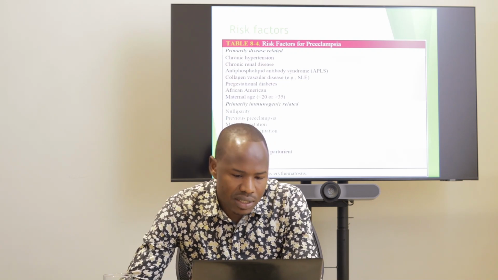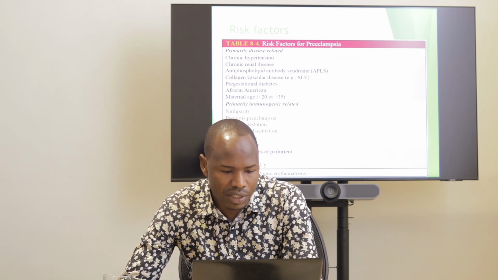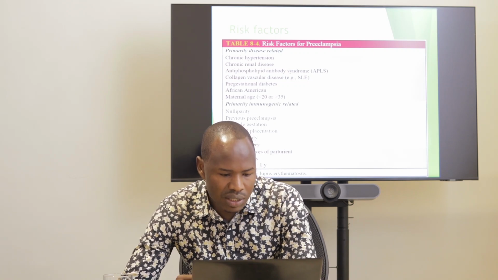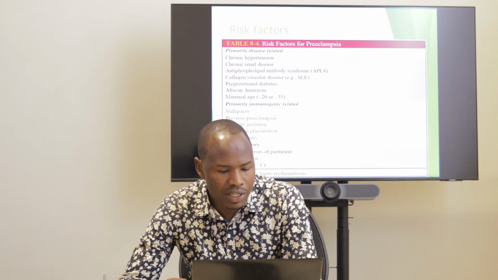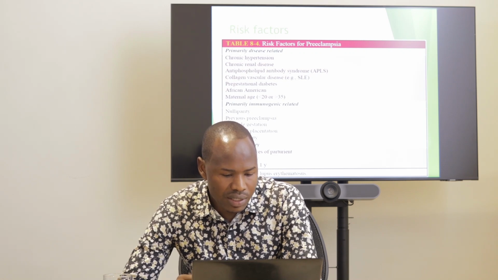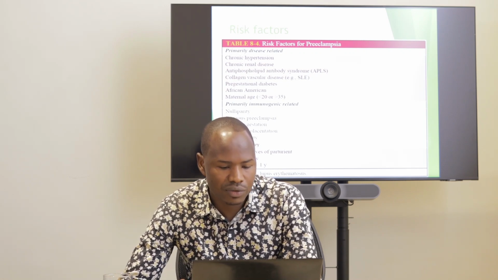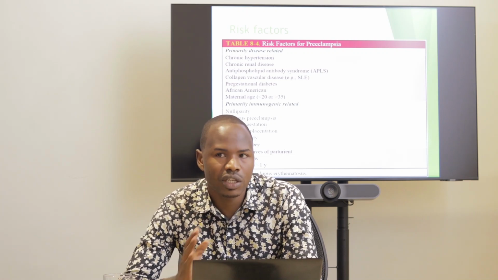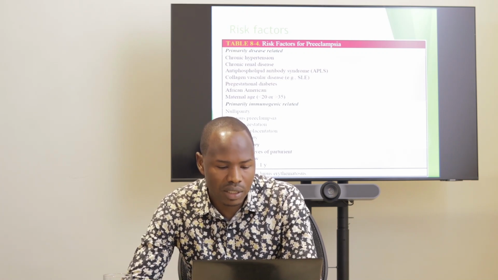These risk factors also have been revealed. The one we didn't talk about is family history, where there is a family relative of the parturient. It means a family relative of the pregnant woman.